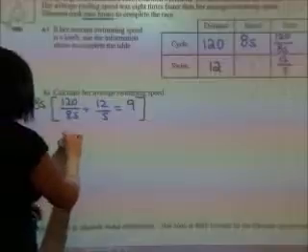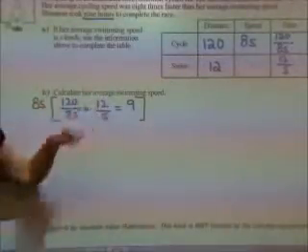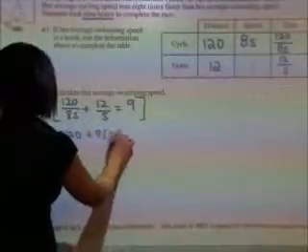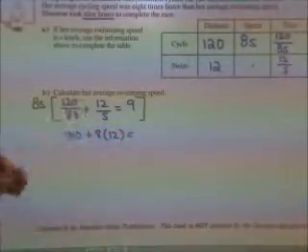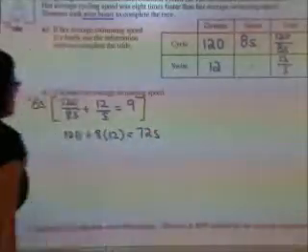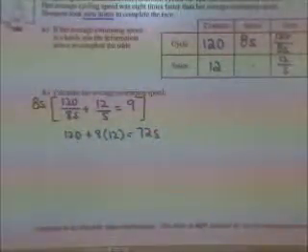I'll be left with 120. And when I multiply 8s by 12 over s, what cancels? The s's, which leaves me with 8 times 12. And then 9 times 8s. 8 times 12? 96.